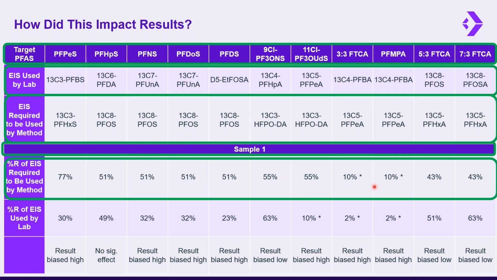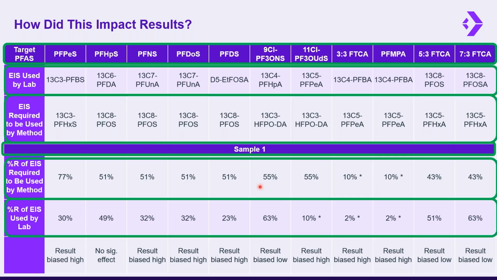A couple of them are outside the limits, but mostly they're okay, signifying no real interference. The row after this shows the recovery of the extracted internal standard that the lab used, so the recovery using the wrong carbon-labeled standard. First of all, the recoveries of the carbon-labeled standards that the lab was required to use by the method are overall actually better than the recoveries of the wrong ones that the lab used.